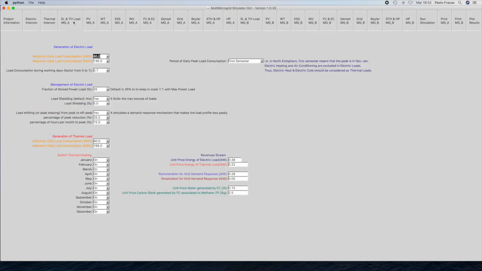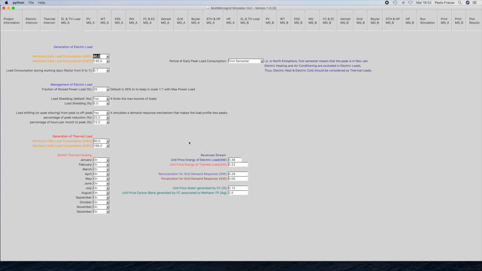In the next page, we can set up the load profile, starting with a minimum and maximum daily load consumption, and then in this section, set up the profile for the energy demand services.